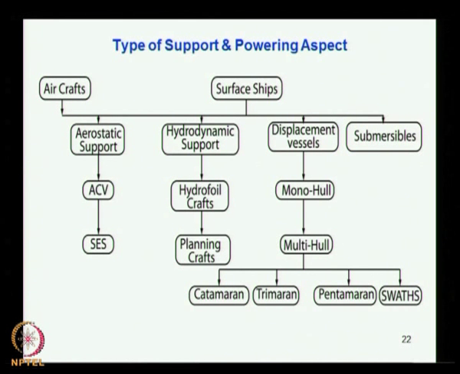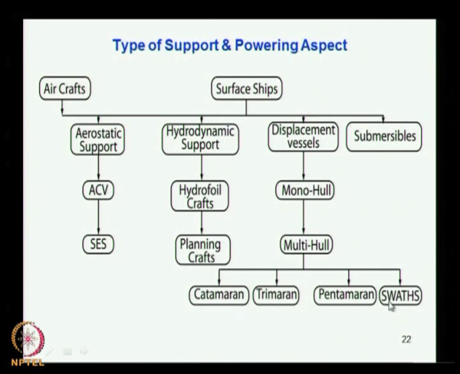But there are multiple hull vessels, even passenger vessels and some research vessels. The catamaran has two hulls. If you have three hulls, that is a main hull and two outriggers, it's called a trimaran. Then if you have a main hull and four outriggers, that is 4 plus 1, 5, it's called a pentamaran.